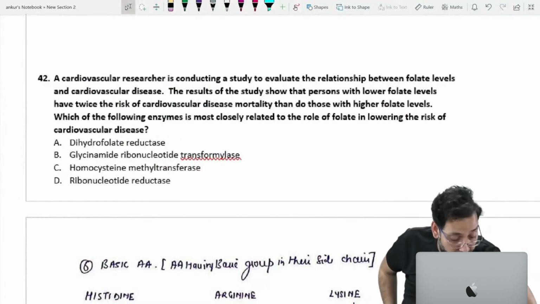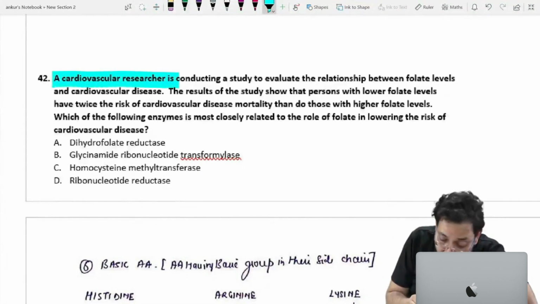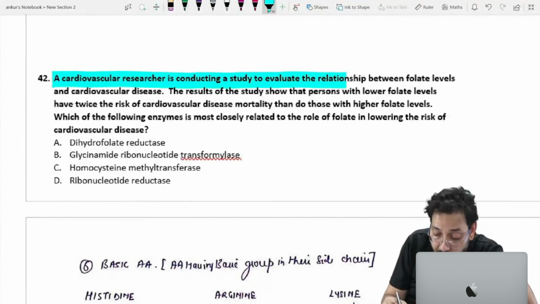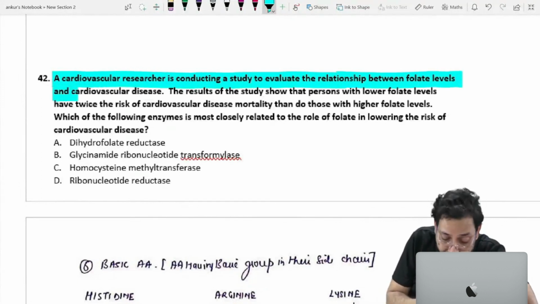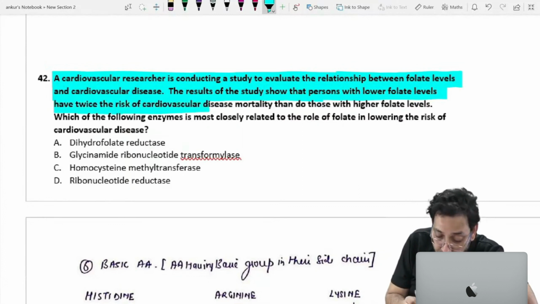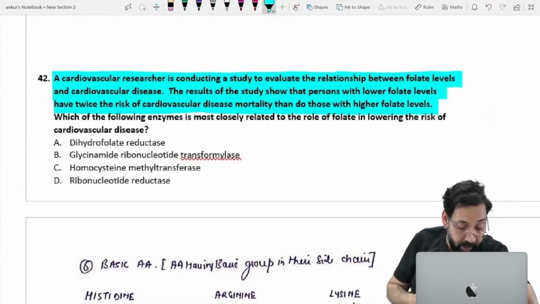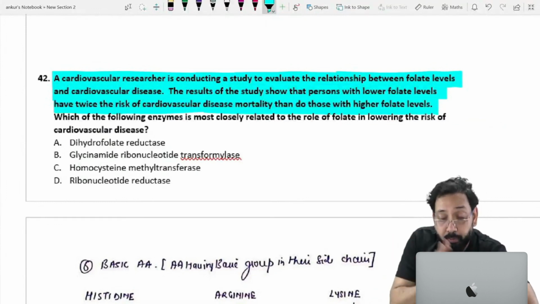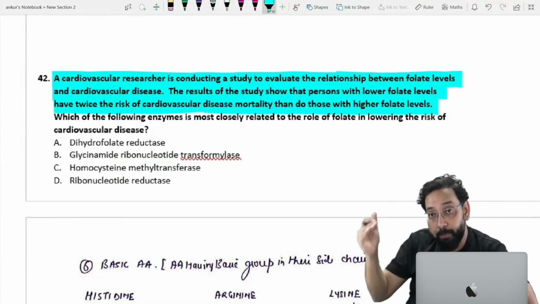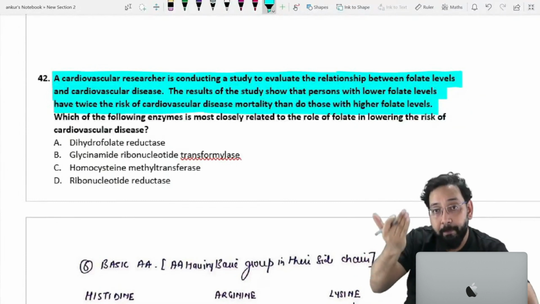Yes, genetic. So that's why a cardiovascular researcher is conducting a study to evaluate the relationship between folate level and cardiovascular disease. The result of the study shows that persons with lower folate level have twice the risk of cardiovascular disease mortality than those with higher folate level. Because if a person has low folate level, then the genetic reaction would be preferred, and then homocysteine will not be converted to methionine.